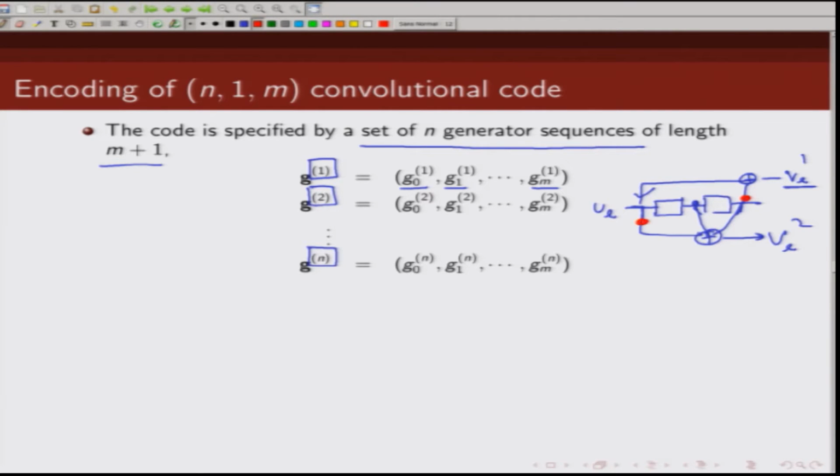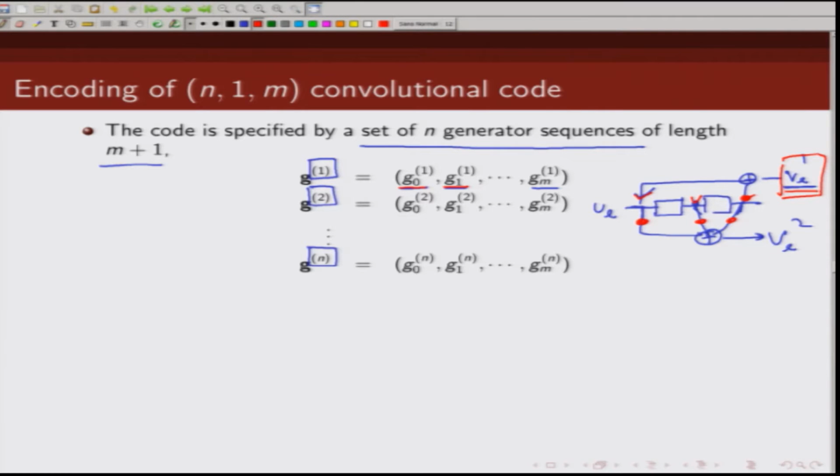So, we can see that the first output sequence is completely specified by whether ul is participating, whether ul minus 1 is participating, and whether ul minus 2 is participating. So, in this example g01, g11 and g21 completely specify what inputs are participating in generating our code sequence.